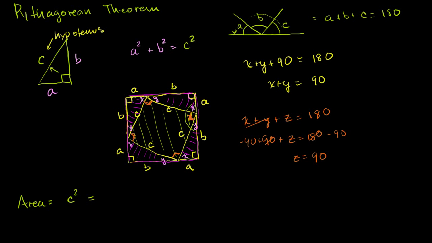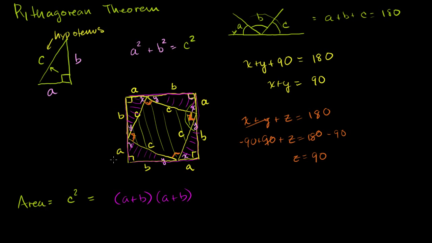So what is the area of this outside bigger square? Each of its sides is a plus b. So the area is a plus b times a plus b, or a plus b squared. That's the area of the outer square.